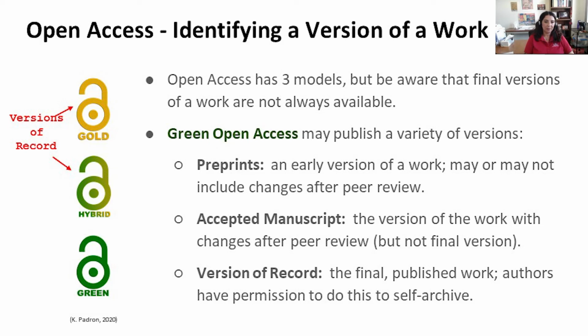Or sometimes it may have the version of record, the final published work. And sometimes authors may have permission to self-archive their final version of work. This depends on the publisher, but my whole point, not to confuse you so much, I hope I didn't, is that the gold version and the hybrid version of open access is usually where you'll get the final version of a work.